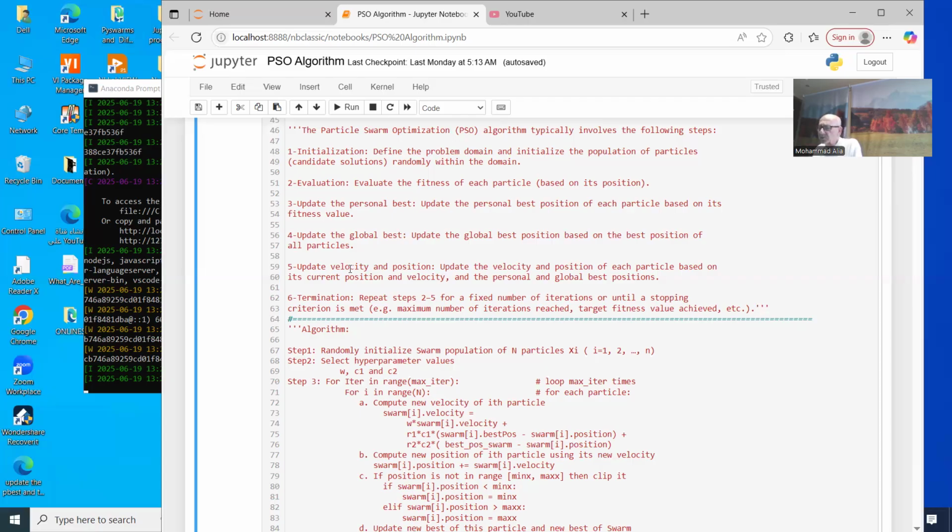Usually, we can work with the number of iterations, and when the number of iterations is achieved, we stop the process and see the results.